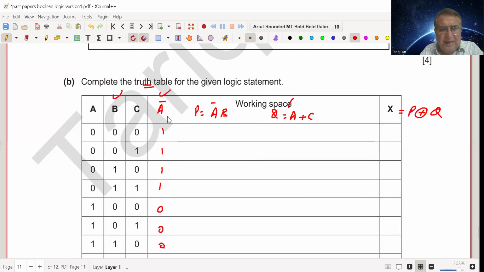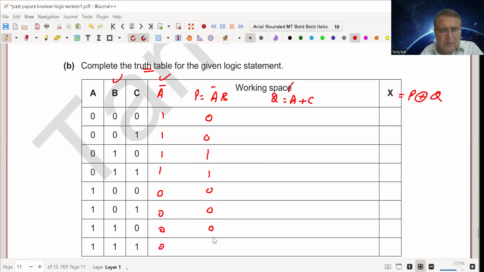So you have to AND these two columns, A prime and B. So output of AND gate is 1 when both of its inputs are 1. So 0 into something, 0. 0 into something, 0. 1 into 1, 1. 1 into 1, 1. 0 into something, 0. 0 into something, 0. 1 into 0, 0. And 1 into 0 is 0.